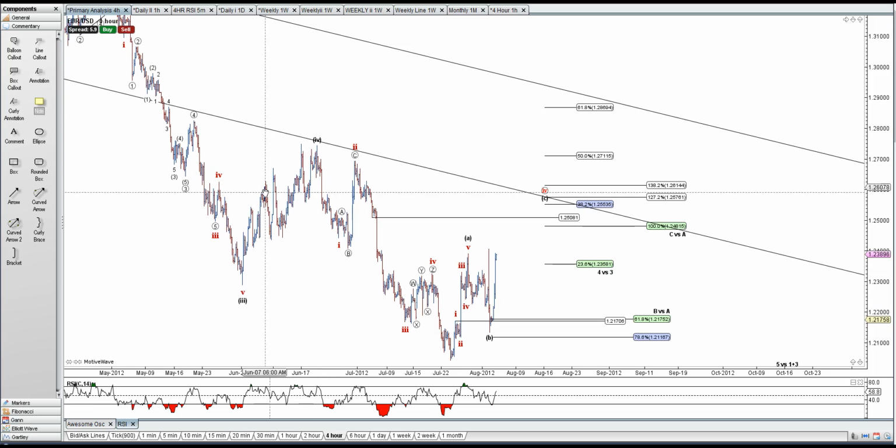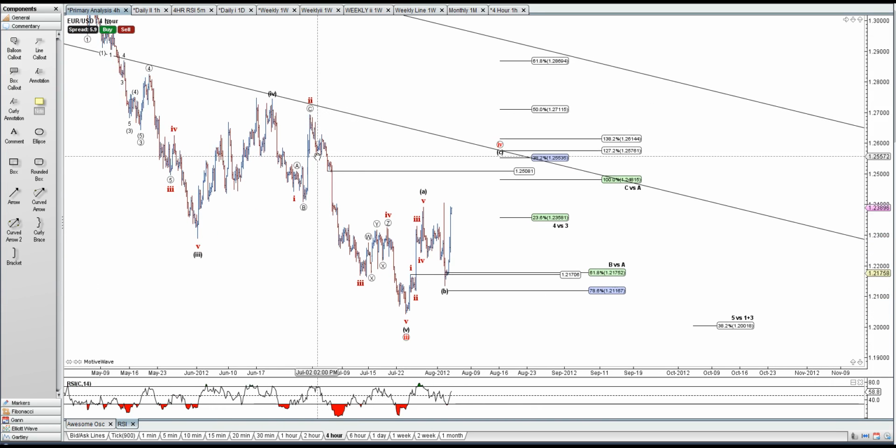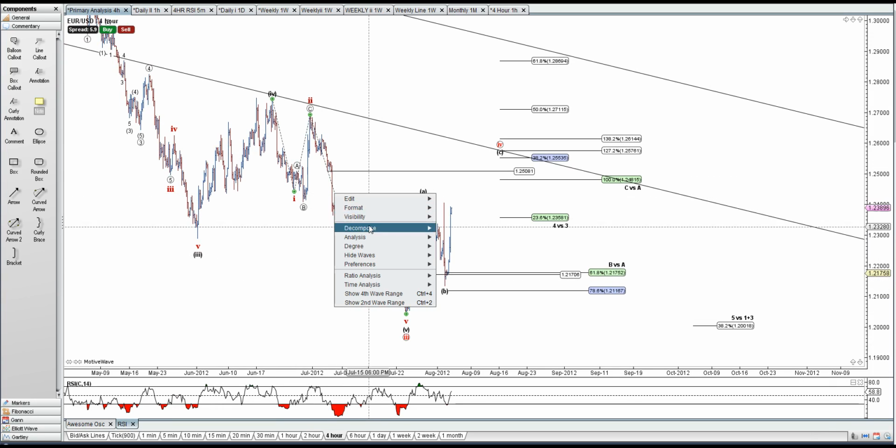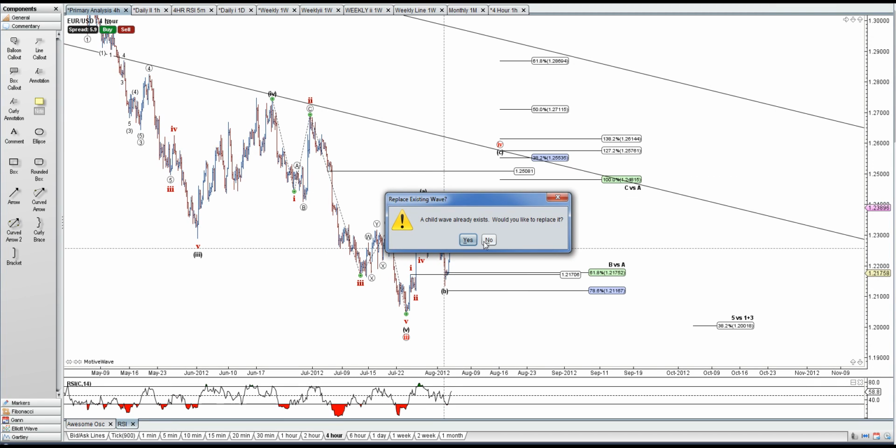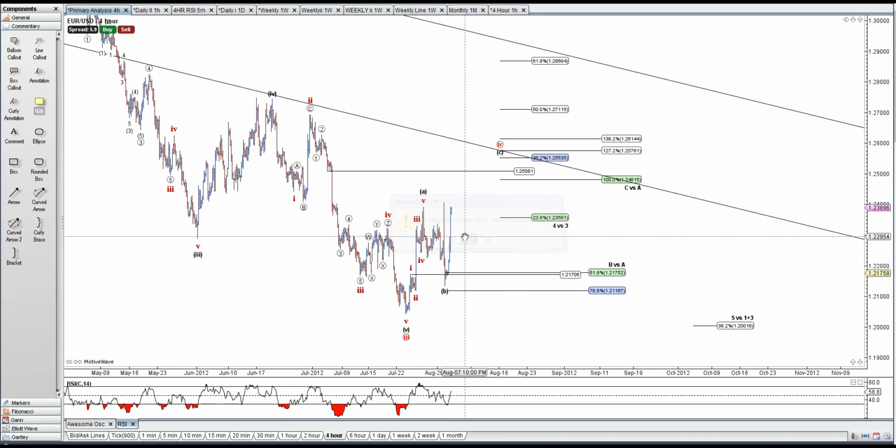Complex move up for a wave 4. 1, 2, 3, 4, 5 for 1. A, B, C for 2. And again, 1, 2, 3, 4, 5 for a wave 4. We can decompose that. Okay, so you got 1, 2, 3, 4, 5.